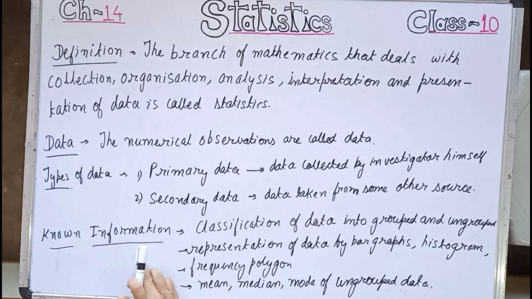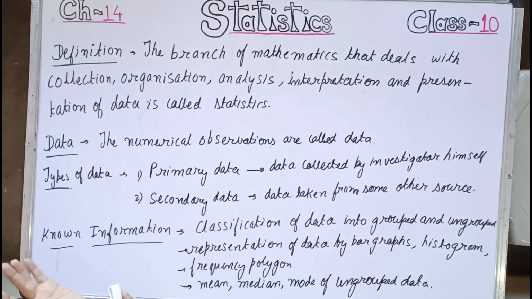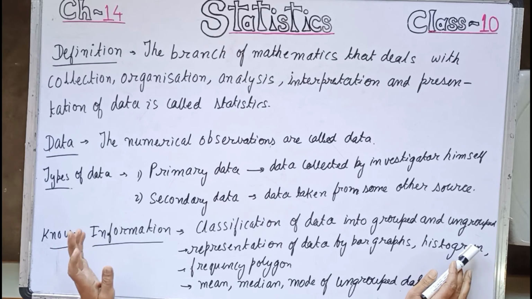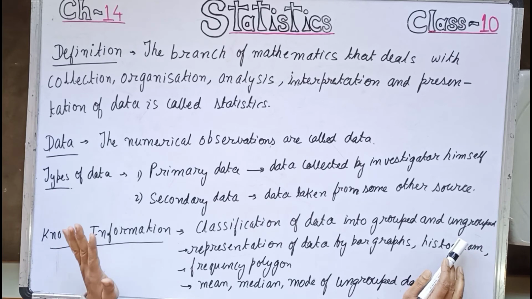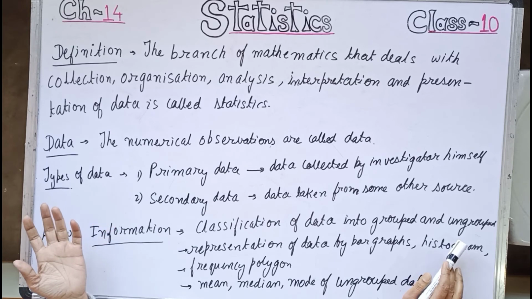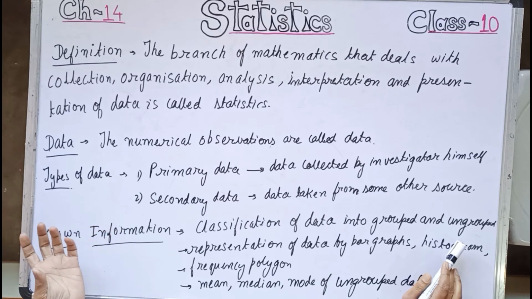Now the known information, the topics which we know from standard 9, is classification of data into grouped and ungrouped data. Ungrouped data is the data or numbers obtained in the original form which is not arranged.